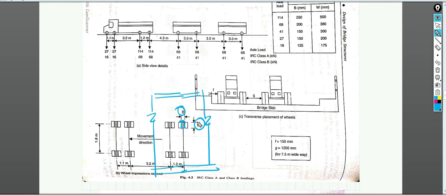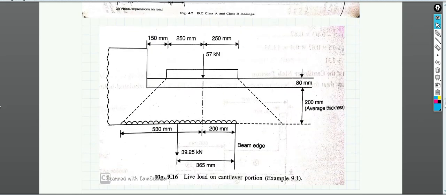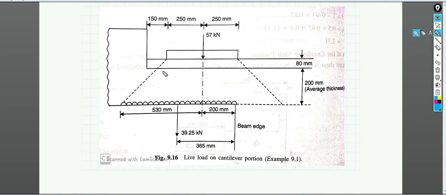This is the width W, and this is the breadth B. So what are the values of B and W? If I am talking about the axle load of 114, the contact area B is taken as 250 mm and W is taken as 500 mm. That means this width is 500 mm. That is what we have to place for our drawing. So here you can see that this is 500 mm, and at the center it is 250 by 250.